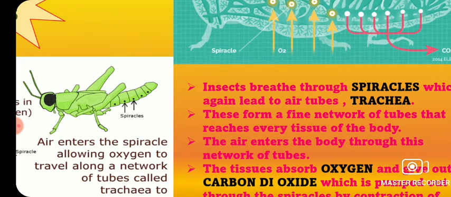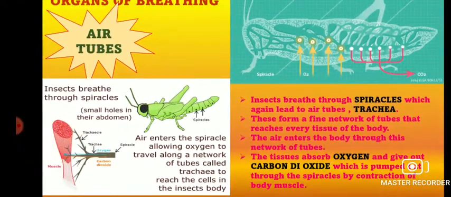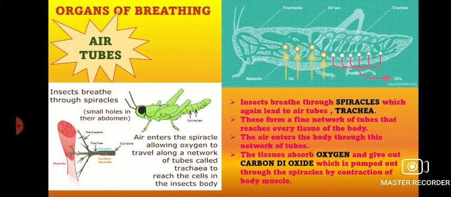They absorb oxygen and give out carbon dioxide, which is pumped out again through the spiracle by contraction of the body muscles. So oxygen enters through some holes of the spiracle, and carbon dioxide goes out of the body through some holes, that is, the spiracles. And this is done when the body muscles of the insect contract.